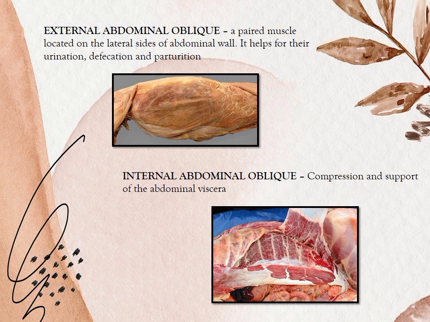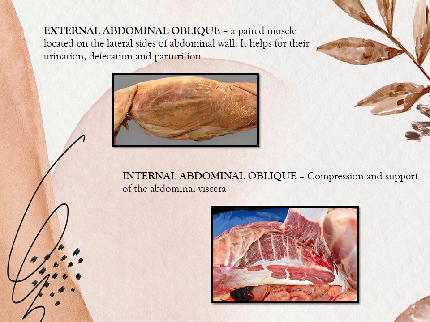And then the next one is the internal abdominal oblique. It is a muscle found on the lateral side of the abdomen. Lateral side, it means sa gilid. It is broad and thin. It forms one of the layers of the lateral abdominal wall along with the external oblique on the outer side, and transverse abdominis on the inner side.